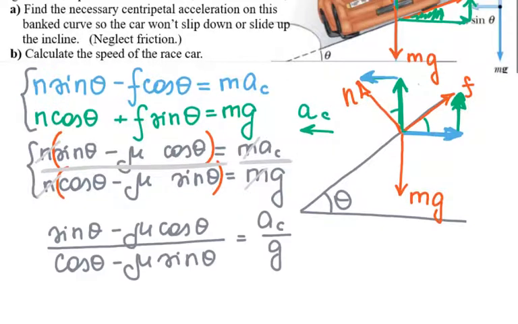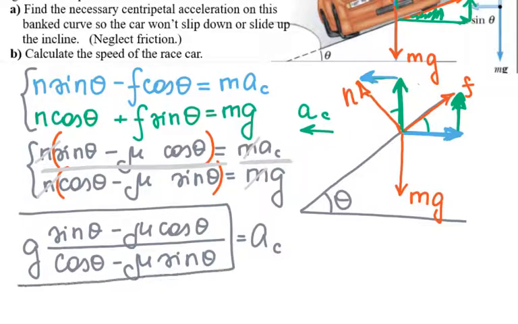They ask me to find the necessary centripetal acceleration. So after I cancel m's and n's, I have this. I can move g to the other side, or multiply both sides by g. Then I have centripetal acceleration equal to this whole expression, and then I can plug in my numbers. For part A, they tell you to neglect the friction, so we don't have to use this term that has mu, the coefficient of friction.